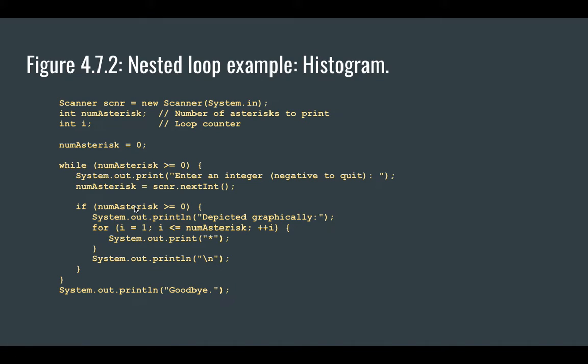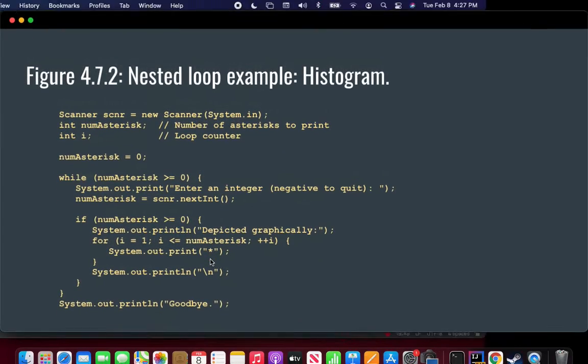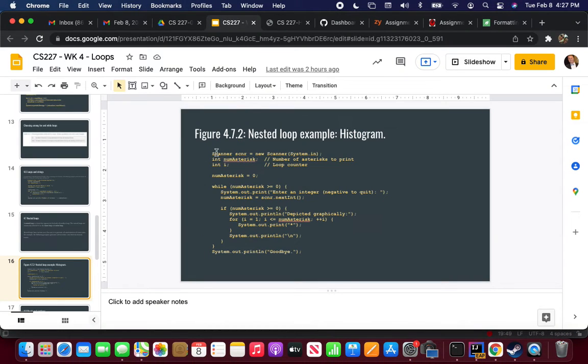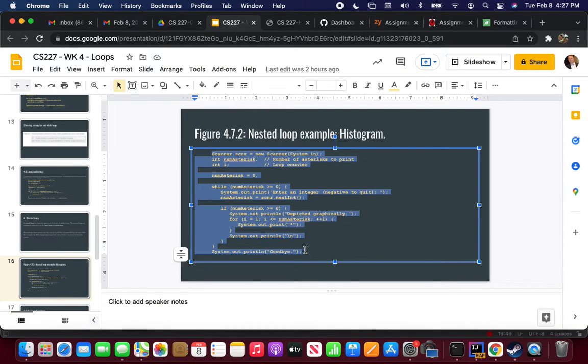It takes the number of asterisks that you input, and then for I equals 1, I less than the number of asterisks, the number that you are saying, it prints that asterisk. And then at the end, a new print line. Okay? All right, let's copy the code here and just take a look and follow this example.